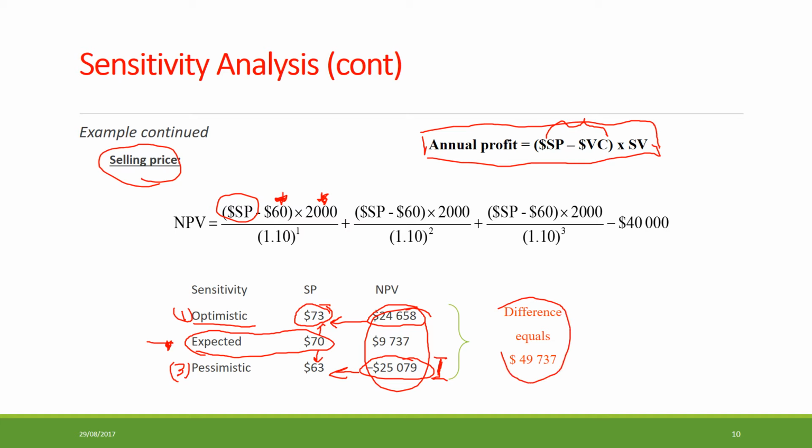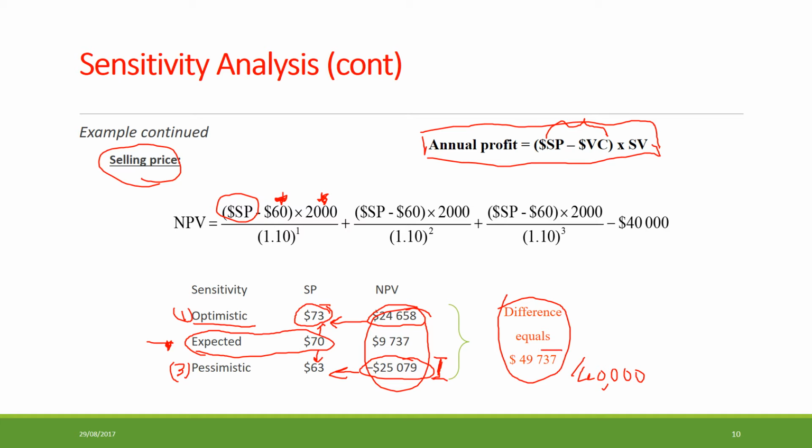Also, if we look at the range here, the difference between the worst case scenario and the best case scenario is nearly $50,000, right? Given that our initial cost is $40,000, this means that if our project makes a loss, we are completely wiped out, right?